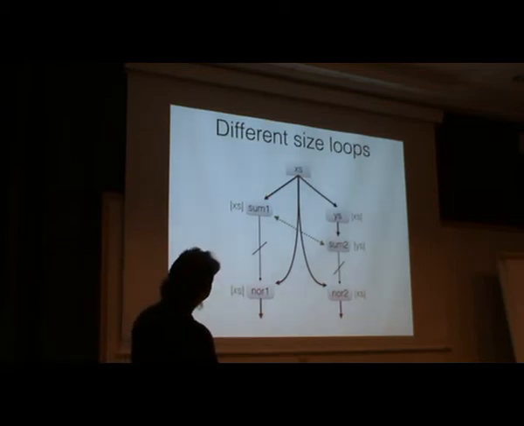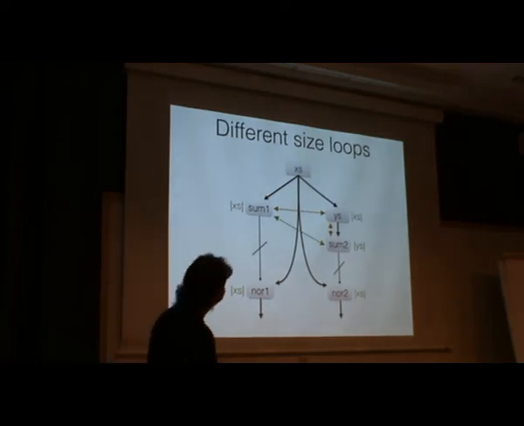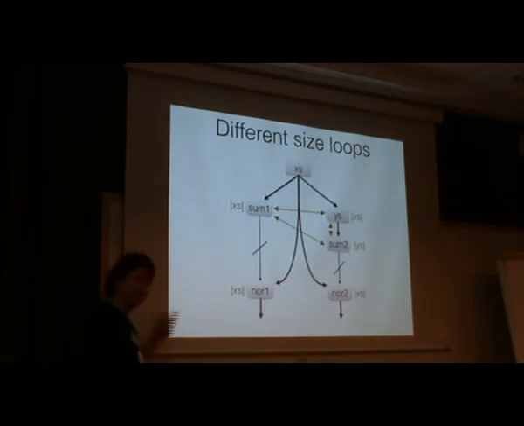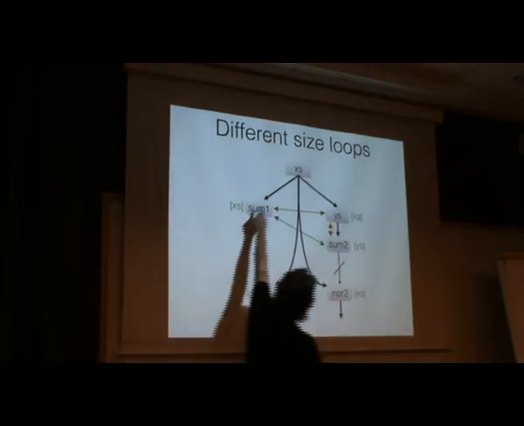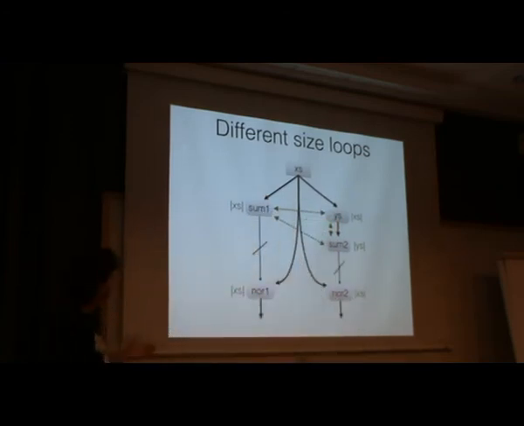Yeah. But what we say is that, well, we can fuse y's and sum2 together because that's like producer-consumer fusion. And we can fuse sum1 and y's together because they're the same size.